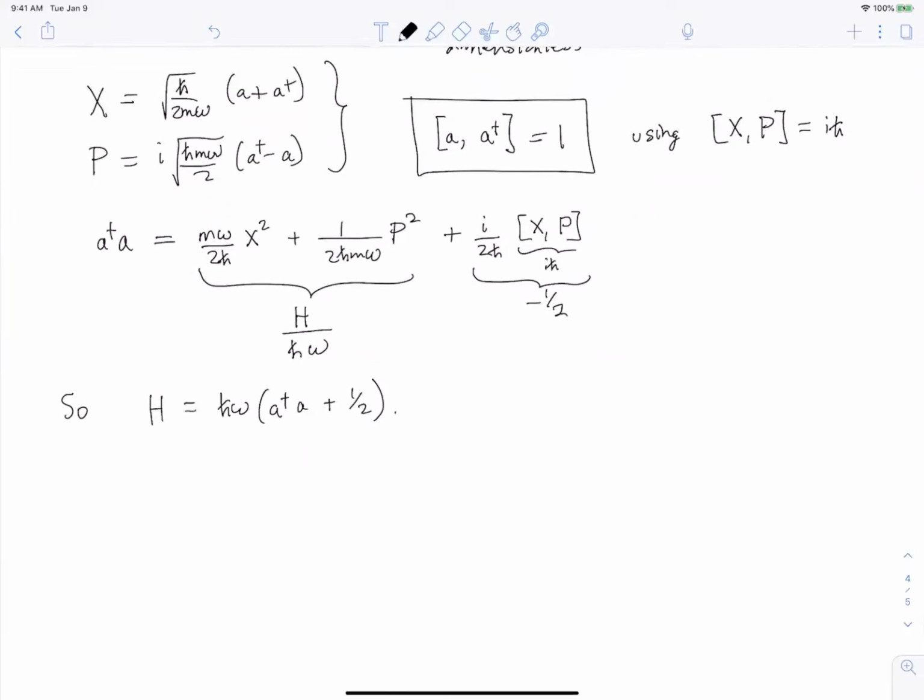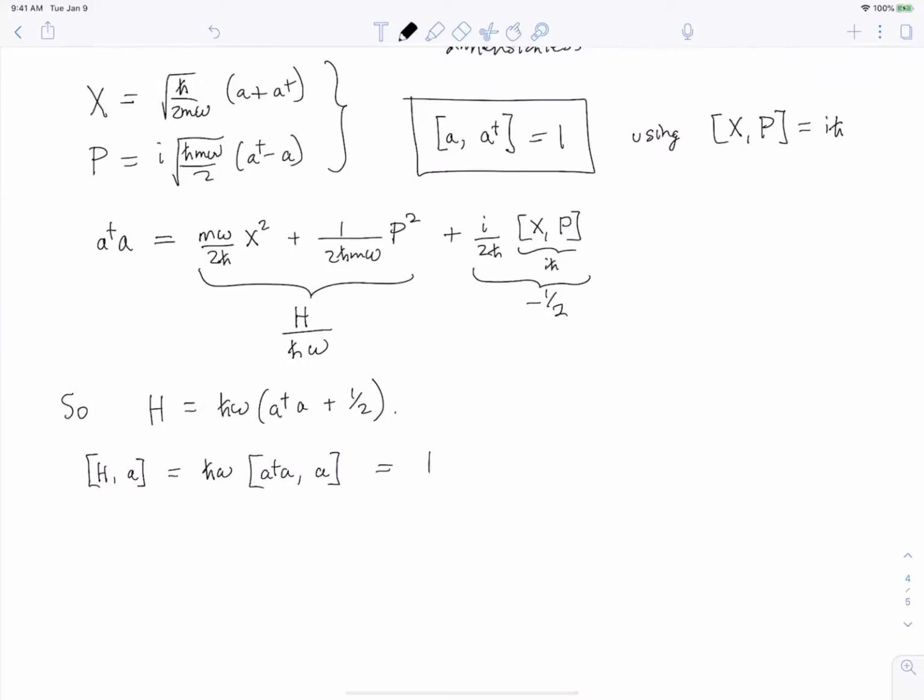So we can compute things like the commutator of H with A, which is h bar omega times the commutator of A dagger A with A. We can forget about the 1/2 because it's just a multiple of the identity. It commutes with everything.